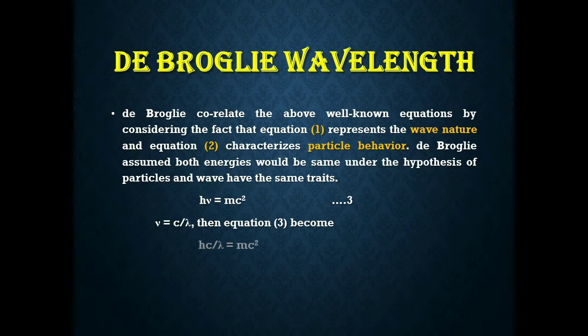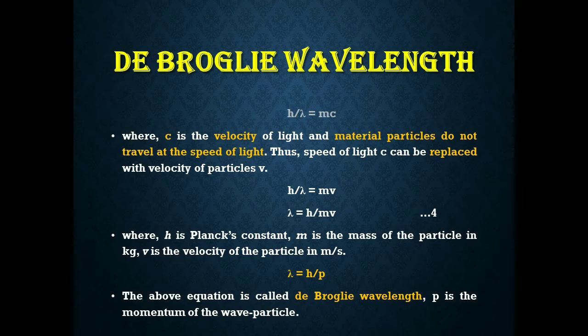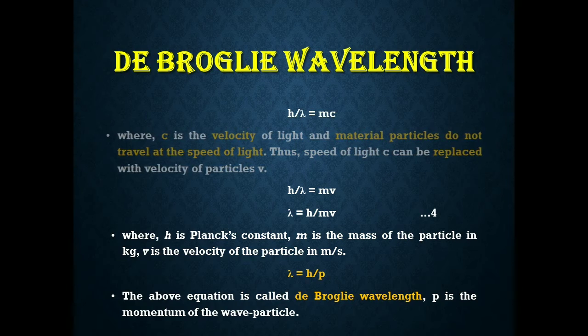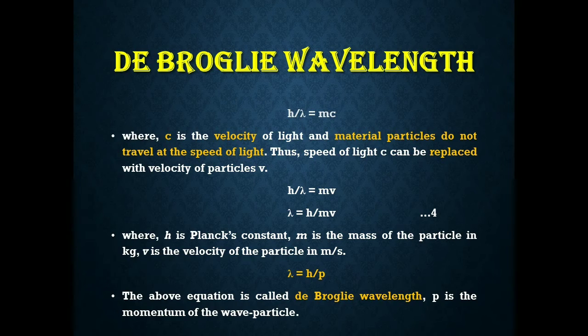Also we know mu is again a relation, mu equals c upon lambda. Substitute the value, c cancels out on both sides, and it remains h upon lambda equals m c, where h is the Planck constant, lambda is the wavelength, m is the mass of the particle, and c is the velocity of light. Whenever matter is moving, that matter does not move with the velocity of light c.